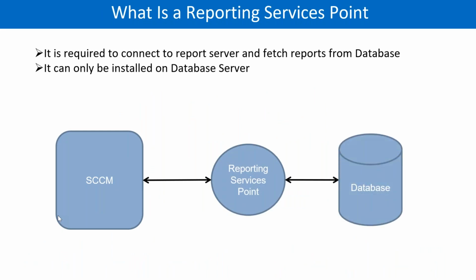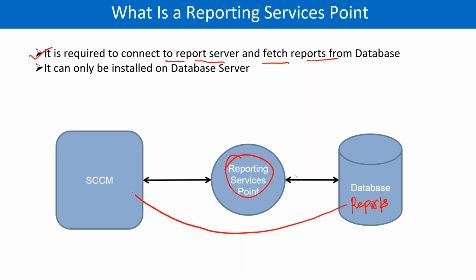Then you have a reporting services point. Reporting services point is required to connect to the database. Database has a report server, and from there it will be able to get the reports. Basically, all our reports are present here in the database server. So in order to get the reports, you need to install this reporting services point.